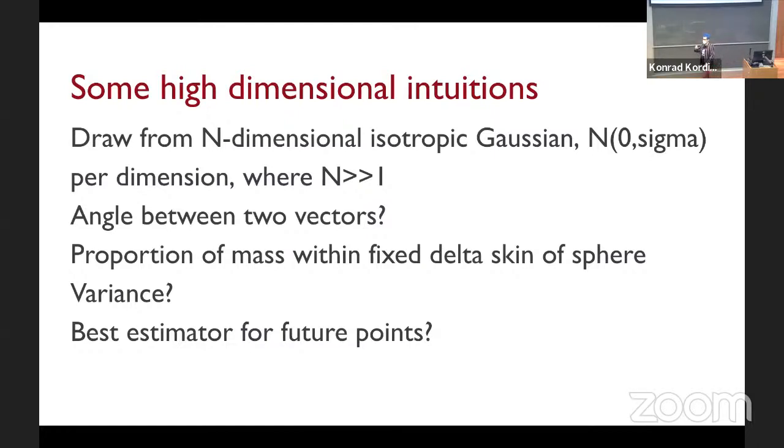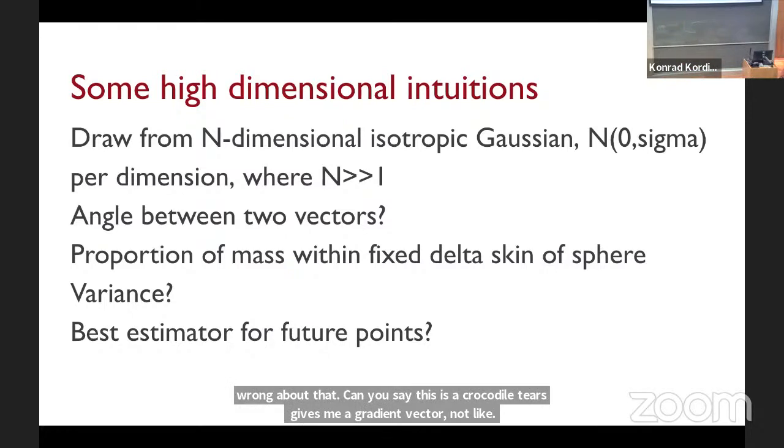Okay. I show you a cat. You're wrong about that cat. You say, this is a crocodile. That gives me a gradient vector. Let's write it out.